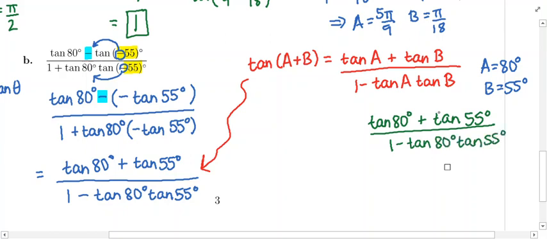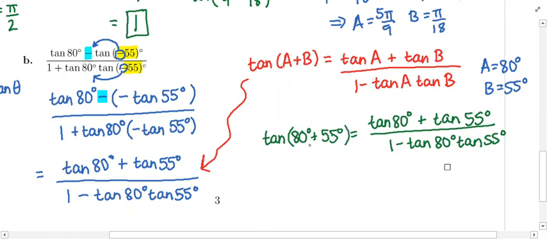It's lining up exactly with what we have in red, so we're going to work it backwards. With A being 80 degrees and B being 55 degrees, this is equivalent to the tangent of A plus B, so the tangent of 80 degrees plus 55 degrees.